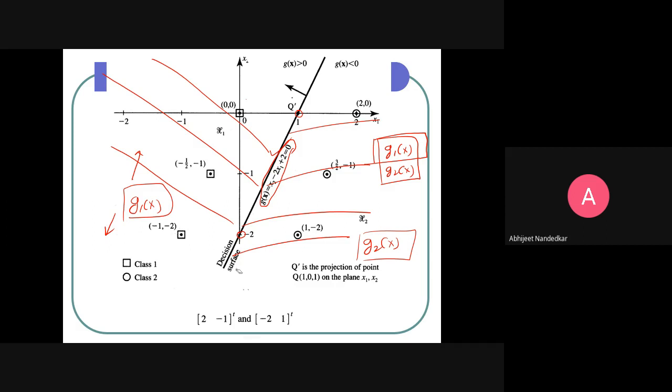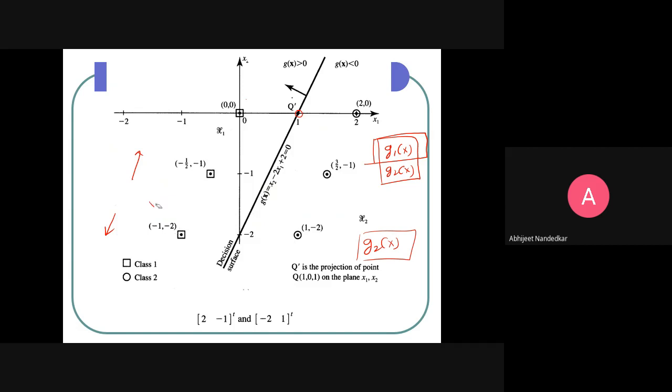Now to design these two functions, we are going to take help of the coefficients of the line. Okay. Now how can I do that? If you closely observe the coefficients of this particular line, so what is this line?